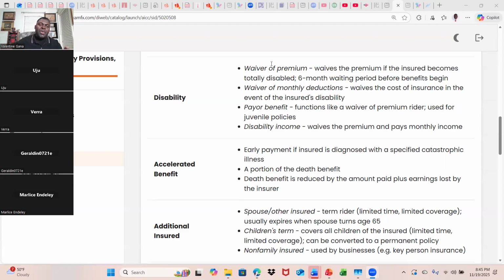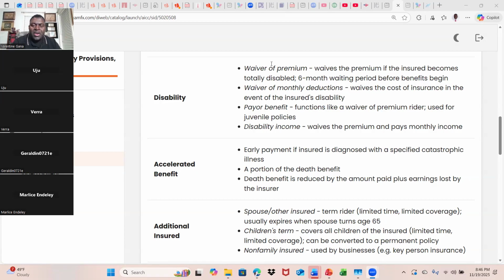If the owner becomes disabled, then the payer benefit will kick in, and the juvenile or third party who is insured does not have to make premiums. So that's the payer benefit. Mostly for juvenile policies.